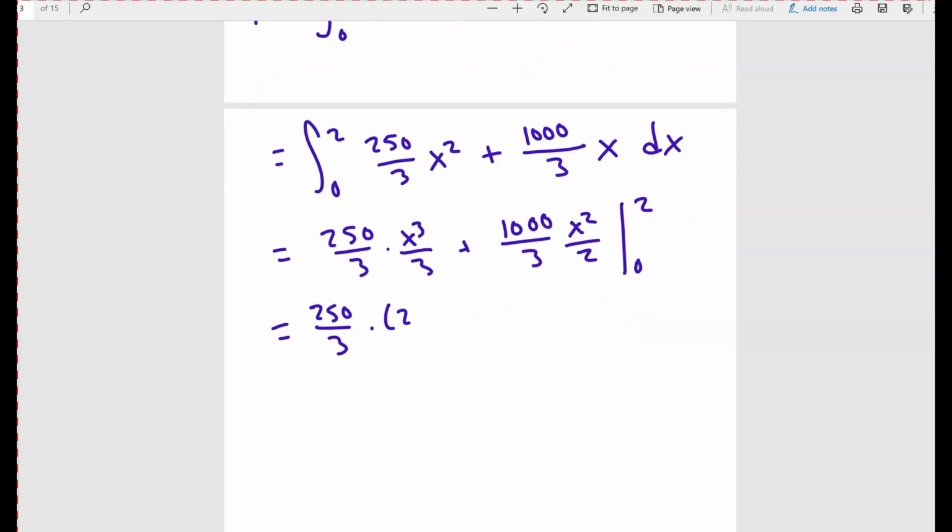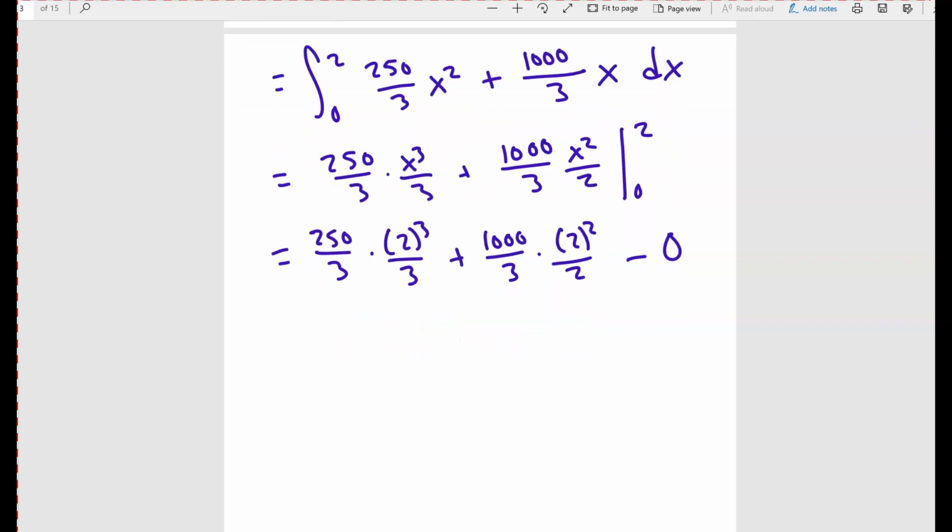So times 2 cubed over 3 plus 1000 over 3 times 2 squared over 2, and then minus 0 because everything's going to go to 0. And what I'm going to get is 8,000 over 9, which is approximately 889. And in this case, it'll be pounds.